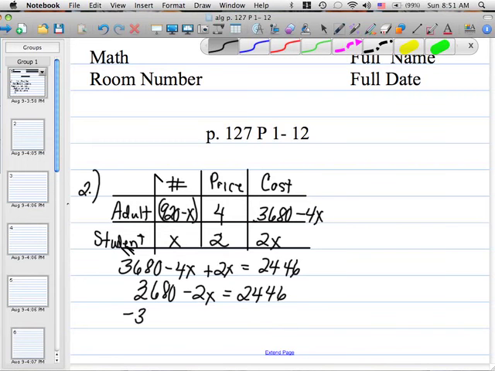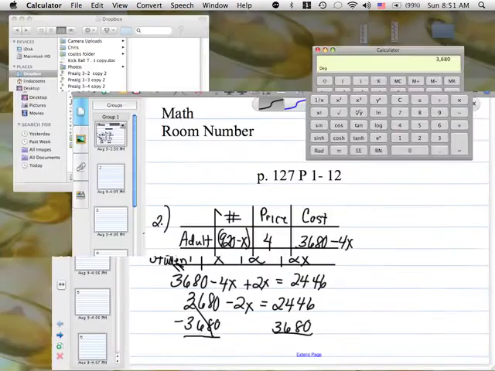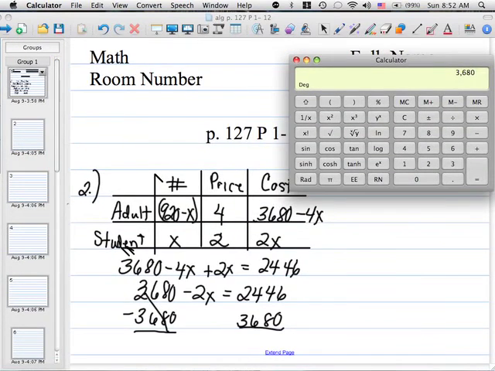Subtract 3,680 from both sides. And again, if you want to use your calculator, no problem. Since we're subtracting here, the signs are different.